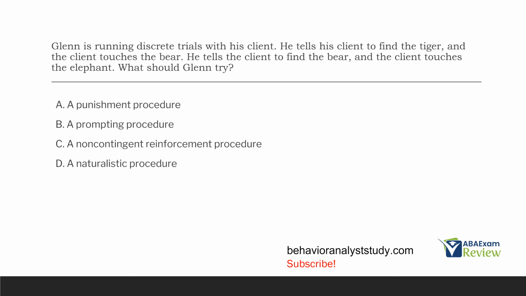And then D, a naturalistic procedure. Well, if the client doesn't have the skill in a discrete trial controlled setting, the fact is they likely won't have it in a naturalistic procedure. Discrete trials are typically used for teaching. Naturalistic teaching is used for strengthening and generalization. So based on these repeats of errors, Glenn needs to try maybe a prompting procedure.